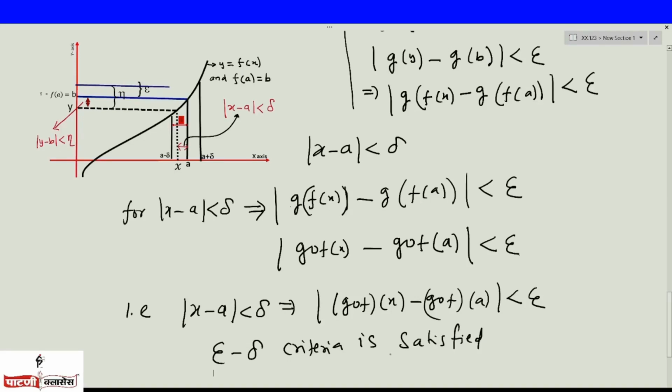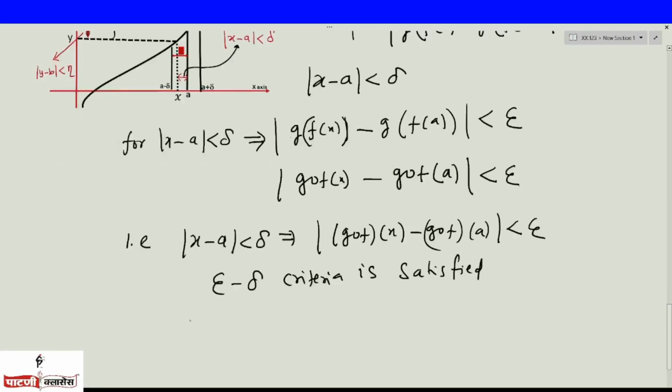Therefore, on the basis of the epsilon delta criteria, the theorem is proved.